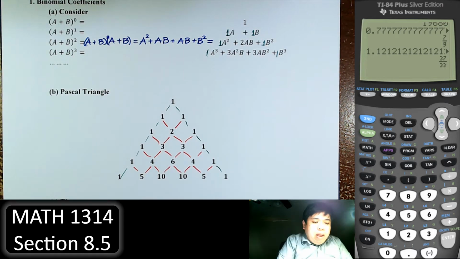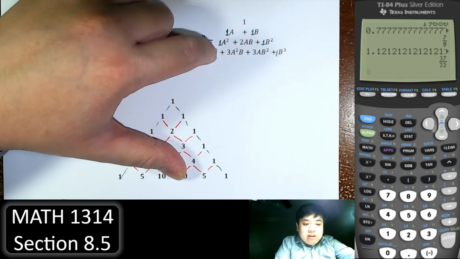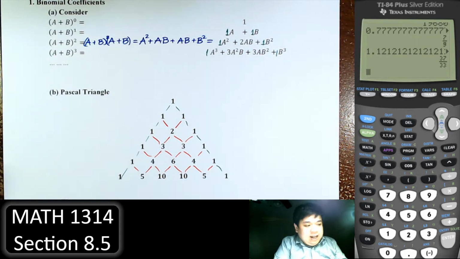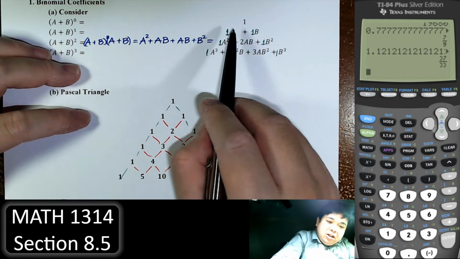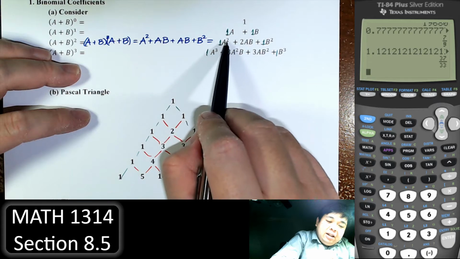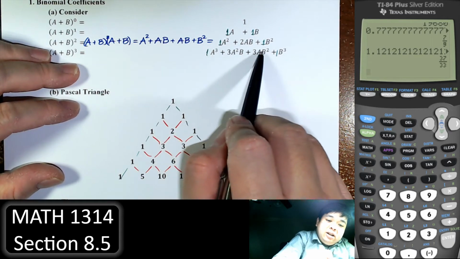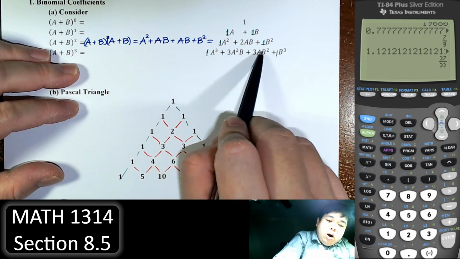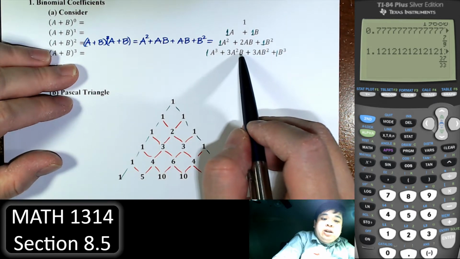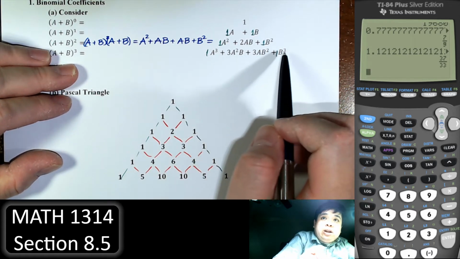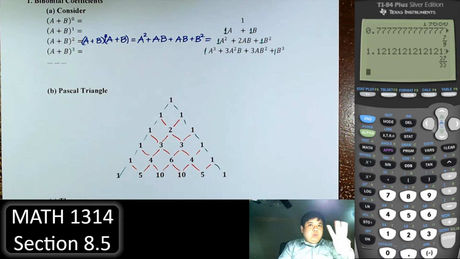It's nice to know that it will give us all the coefficients, and then what we see here is the term a, the power of a decreasing 3, 2, 1, 0. The power of b is increasing 0, 1, 2, 3, and then the coefficient. So there will be 3 components: the first term power decreasing, the second term power increasing, and then the coefficient.